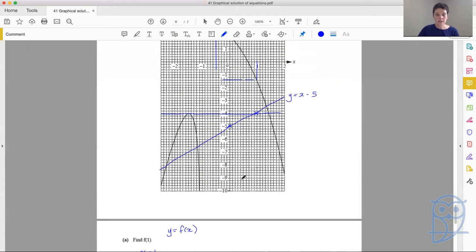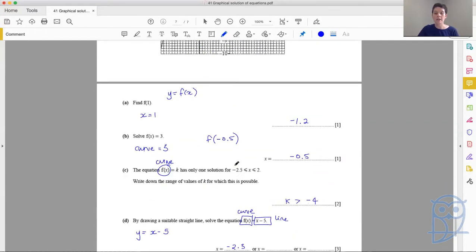The second intersection, ooh, that one's a bit more tricky, so I think we're going to have to bring it up all the way to our x-axis to read it a bit more accurately. So there we have our 0, our minus 1, so minus 1.1, minus 1.2, so minus 1.15 between them.